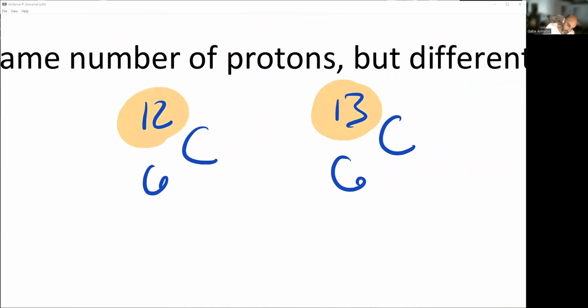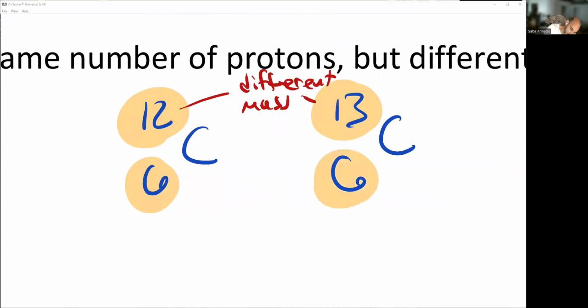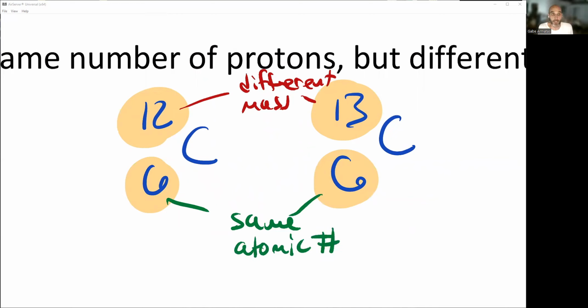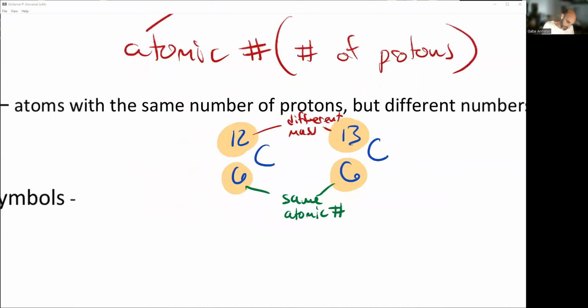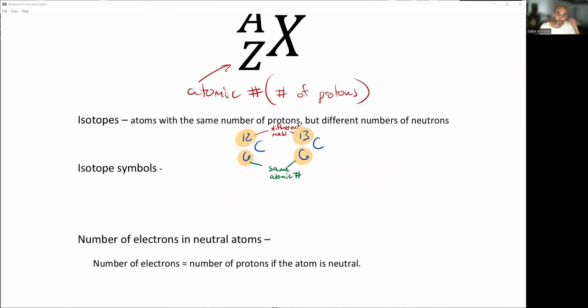For something to be an isotope, they have different masses but the same atomic number. Essentially, it's the same element, different masses. And we'll get into defining these things.